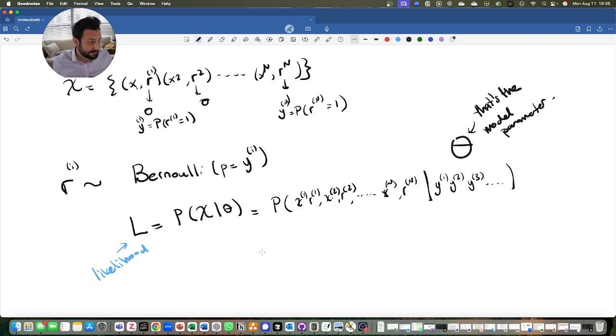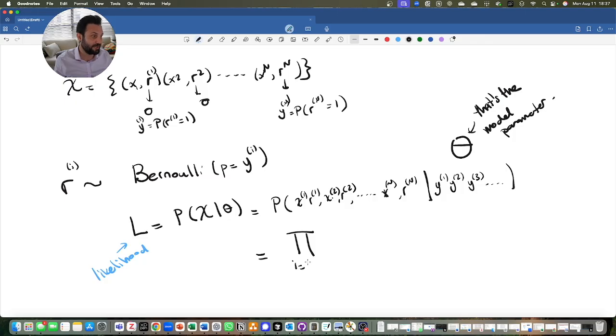Since my samples are independent and their probability calculations are independent from each other, the joint likelihood can be calculated as the product of their marginals.